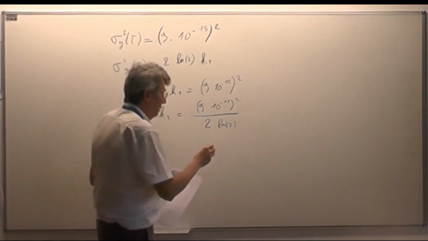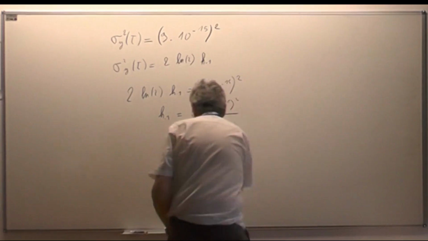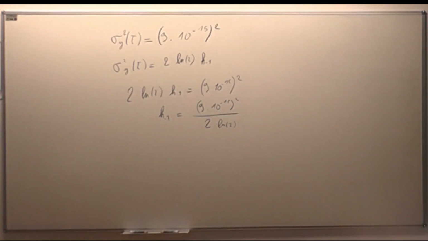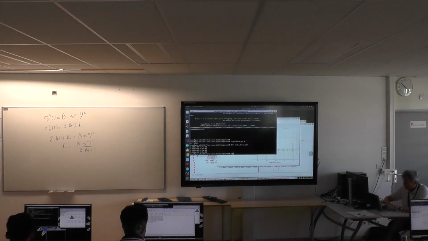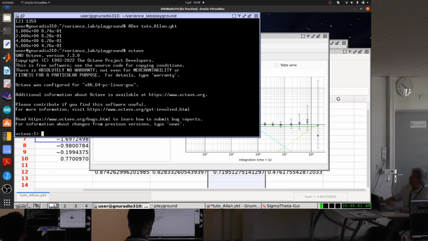It's possible to have an idea directly of the result here. In order to do that, I like to use Octave. Perhaps you know, it's a clone of MATLAB. So I will call it h minus 1 equal 9 10 to the minus 15 squared divided by 2 log of 2.